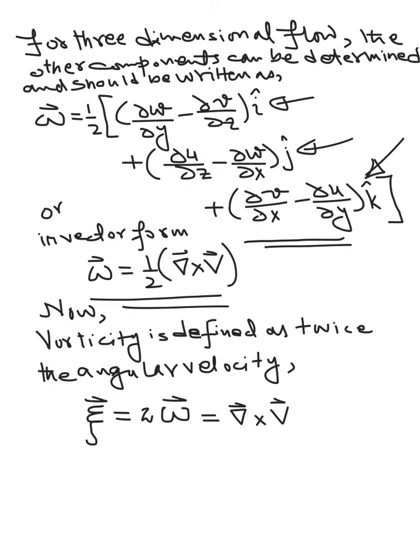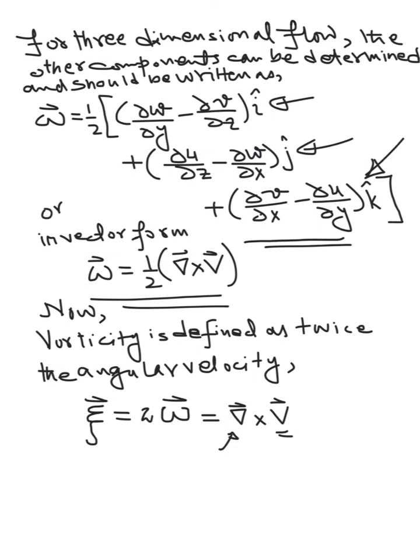If I give you a vector velocity field and ask you to determine the vorticity, you just take the cross product of the del operator with that velocity vector to determine the vorticity. This is called the curl.